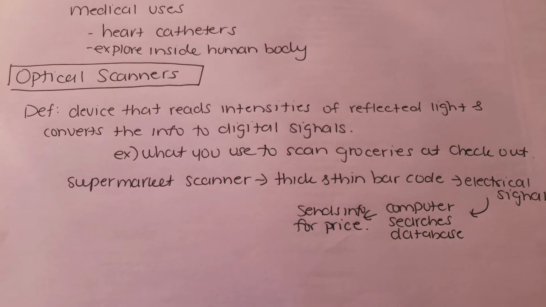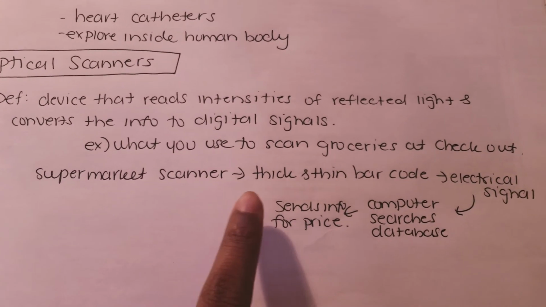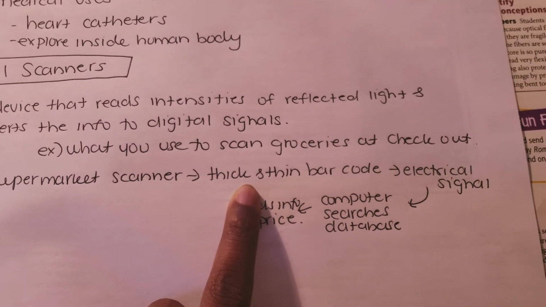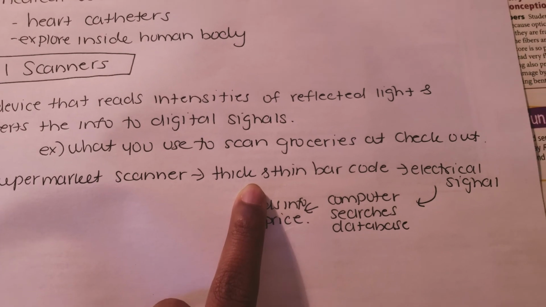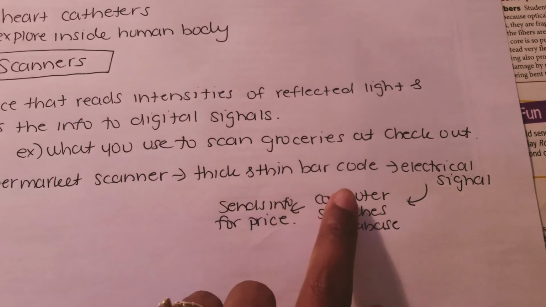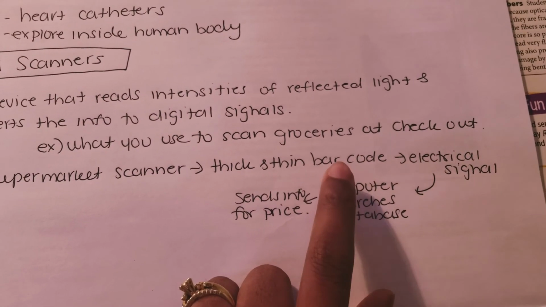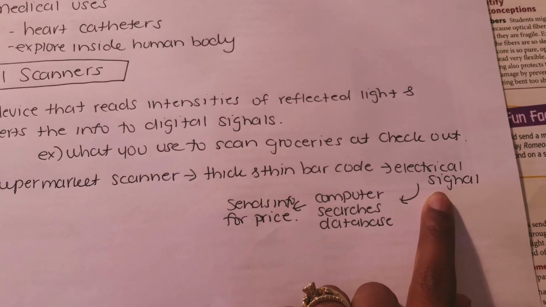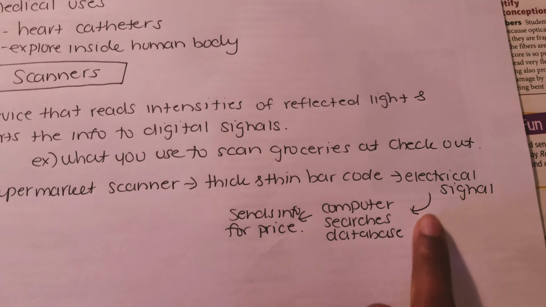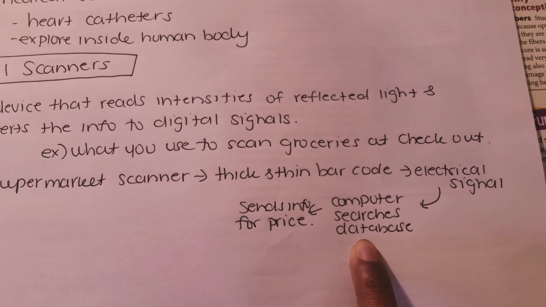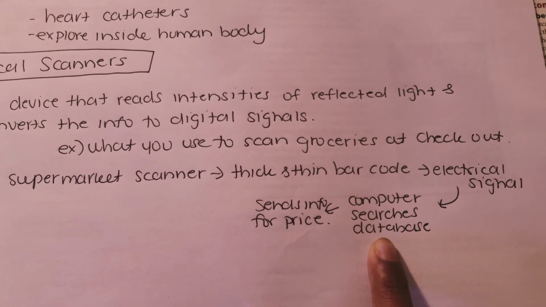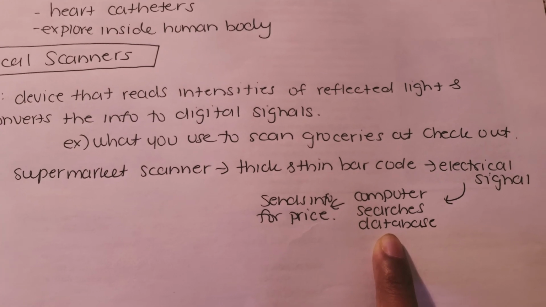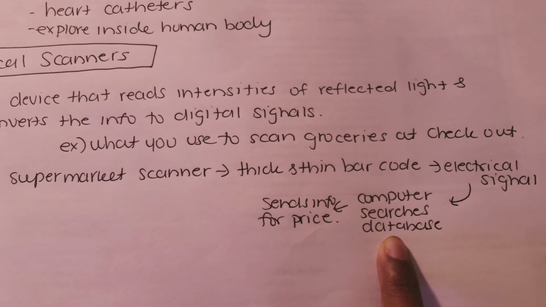And the way that it works is that you have the scanner, it's going to scan the barcodes, which are those thin and thick lines that make up the barcode. And as the scanner scans this barcode, it's going to create an electrical signal. That electrical signal is going to go into the computer database, and it's going to look up the price for that item that was just scanned.